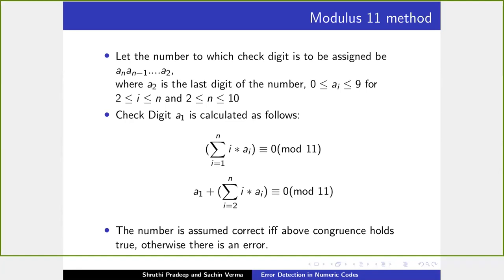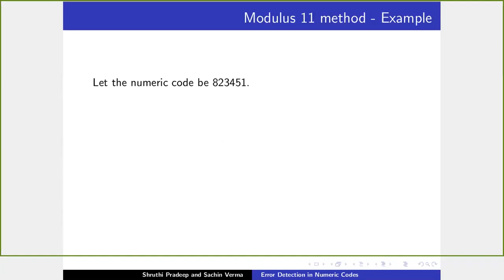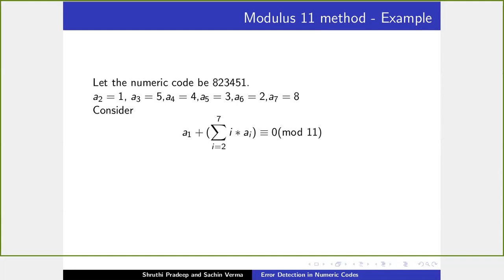So for example, let us take this numeric code word. I've just written a2 is 1, a3 is 5, a4 is 4, a5 is 3, a6 is 2, and a7 is 8. So now we know it's going till 7.